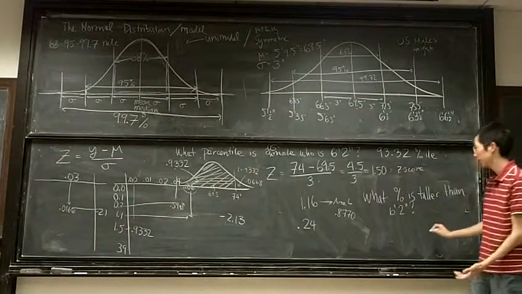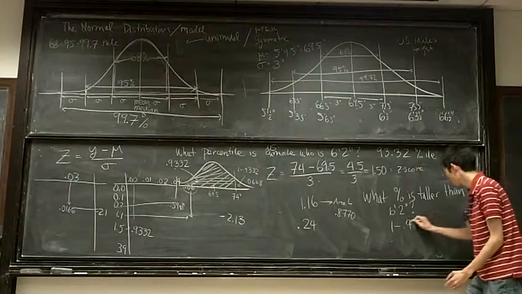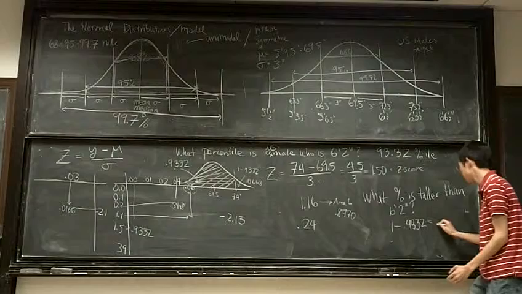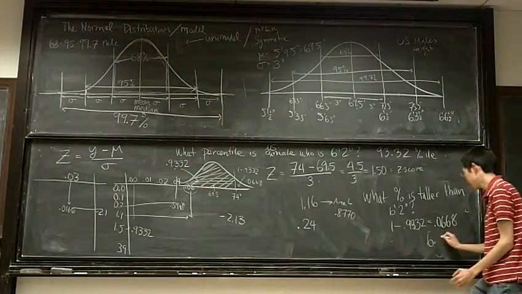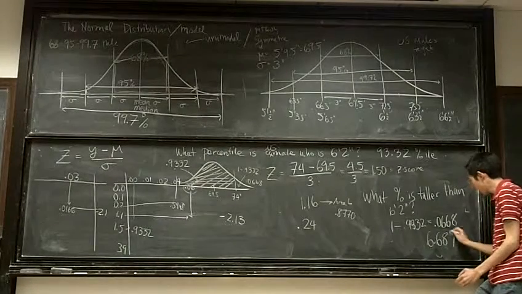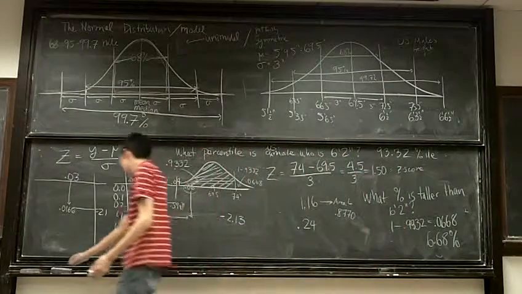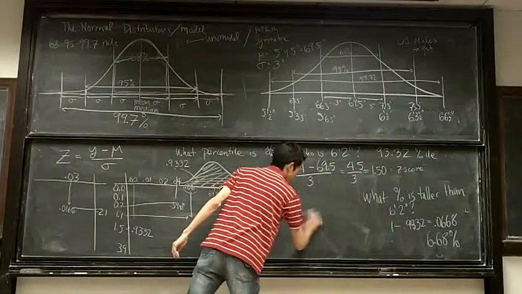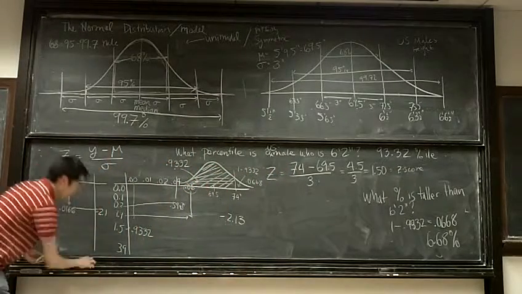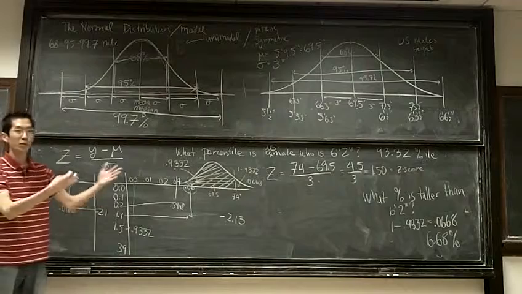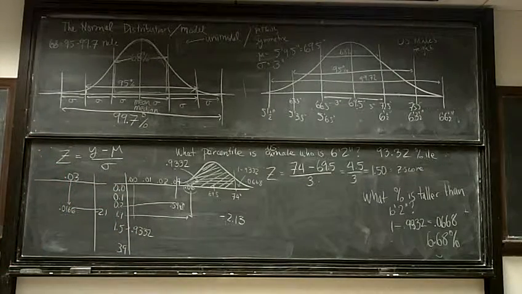The answer is 1 minus 0.9332, which is equal to 0.0668 or 6.68%. Okay, so here we've gone from the area to the left to the area to the right just by subtracting that value from 1. Okay. Yes, we have a question.